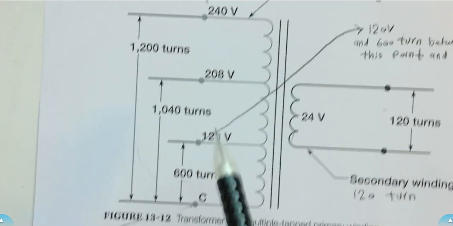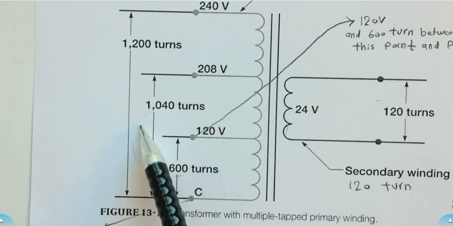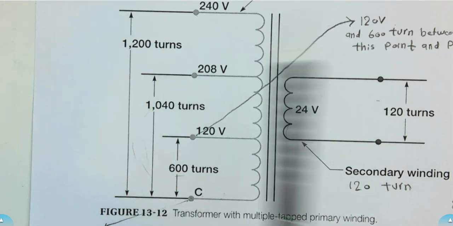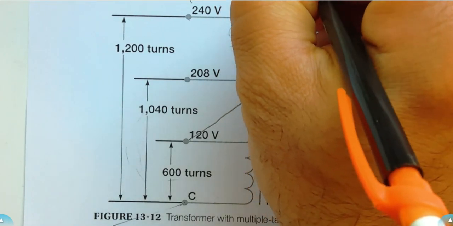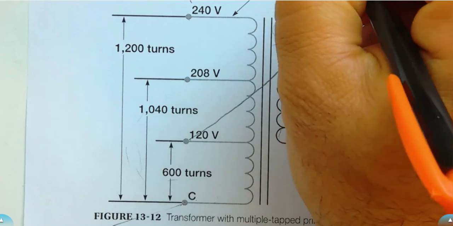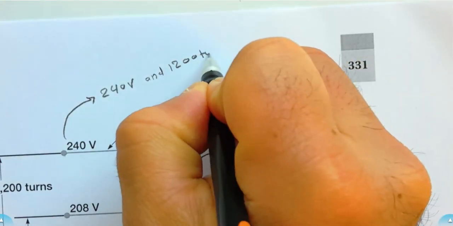You can see here from 240 to point C is 1200 turns.